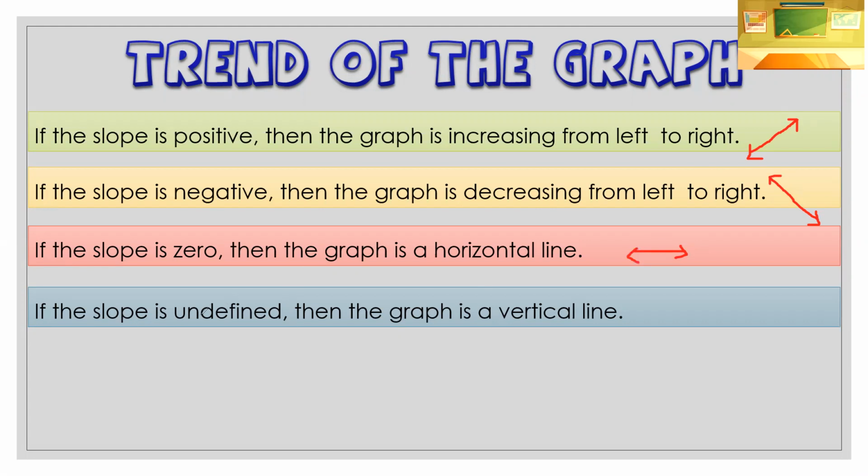And if the slope is undefined, then the graph is a vertical line. So, ganyan siya. Okay po? Ayan po ang ating mga example for learning task number 3. Itong trend ng graph, ayan po ang ilalagay nyo dun sa describe the graph, ha. Ilalagay nyo lang po, the graph is increasing from left to right, the graph is decreasing from left to right, the graph is horizontal line, the graph is vertical line. So, ayun po. Okay na po.